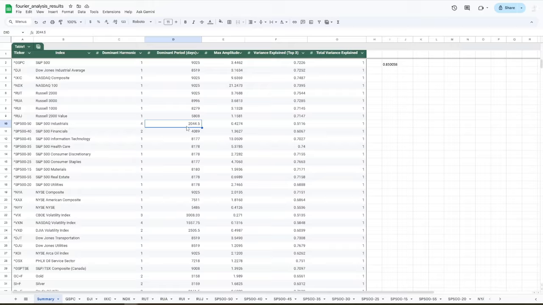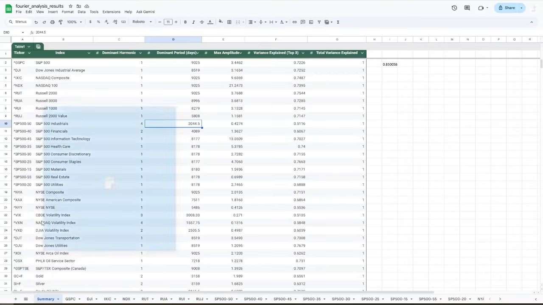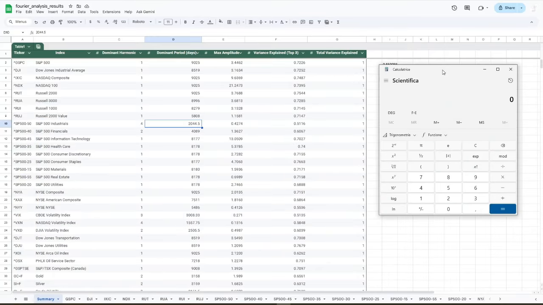If in a year there are 365 days, we can compute it in two ways. We can divide it by 252, the business days, and it's 16.2 years. If we do it for a full solar year, we shorten the period, and we are at 11.2 years.